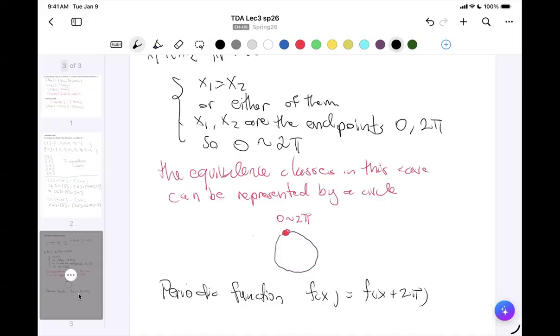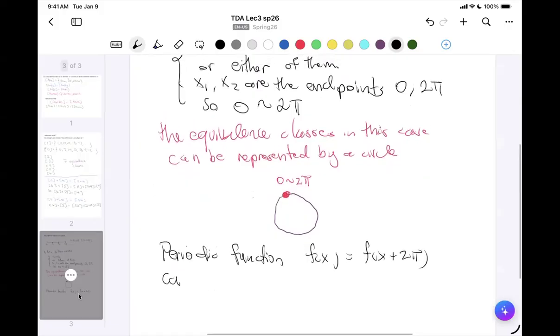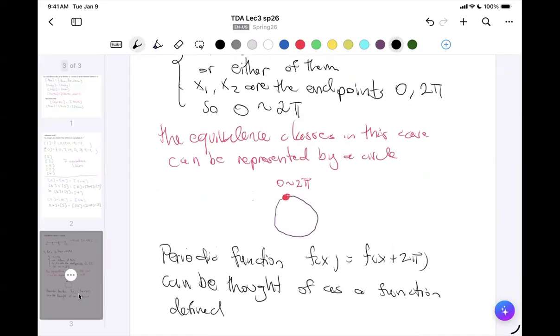That's a very elegant way to think about a periodic function. Does that make sense so far? Okay.